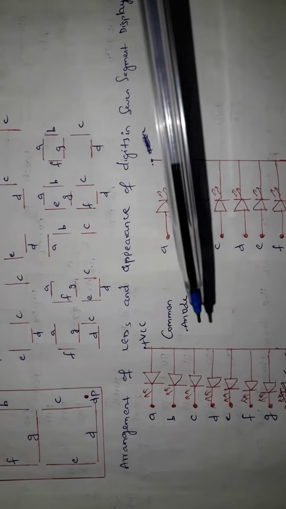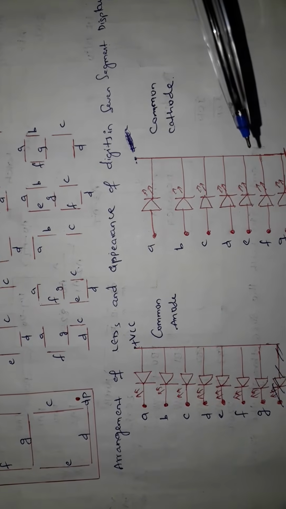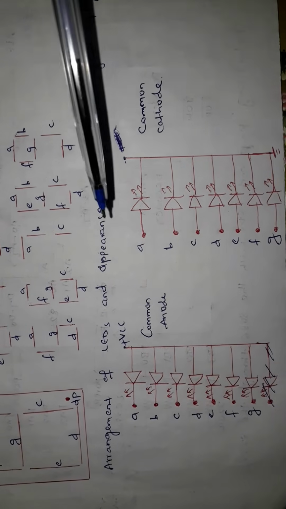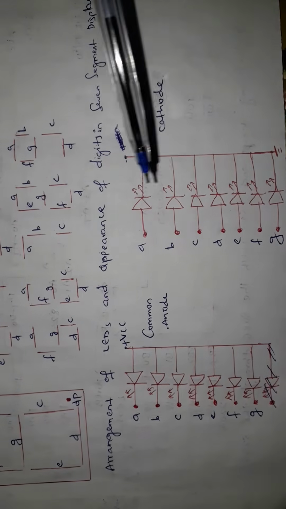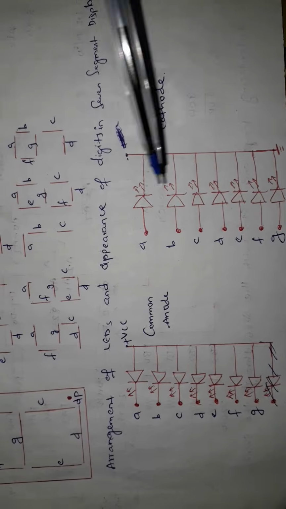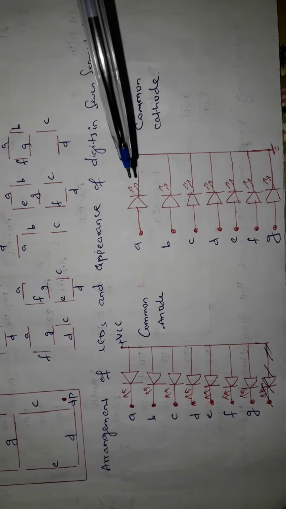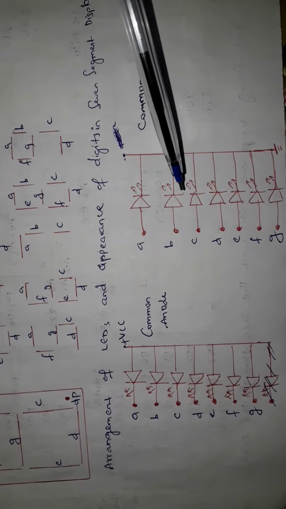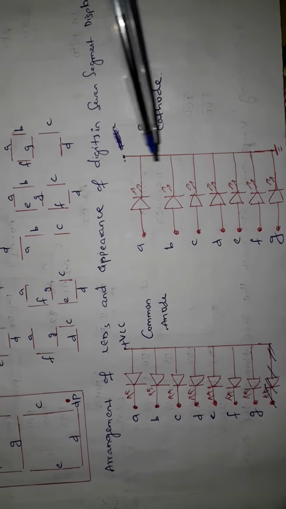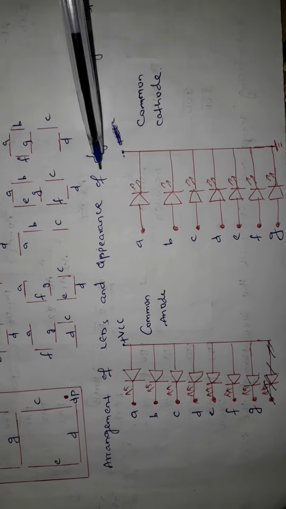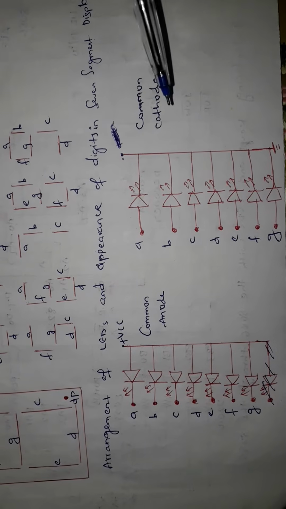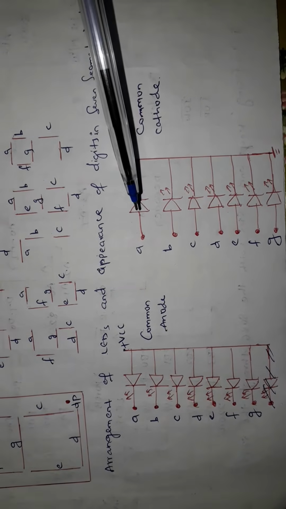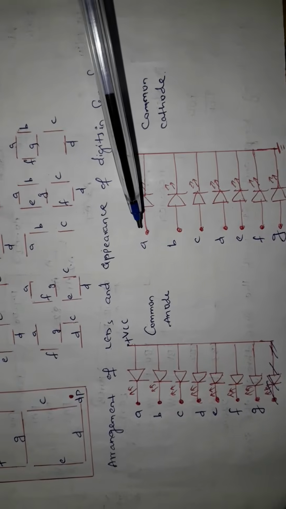Similarly, the same can be configured in common cathode configuration. Here also 7 LEDs are used, whereas the cathode terminal is commonly connected to ground. You can see all the cathode terminals are commonly connected to ground, that is logic 0. So the cathode is 0 in common cathode configuration, and to the anode terminal you apply the input.